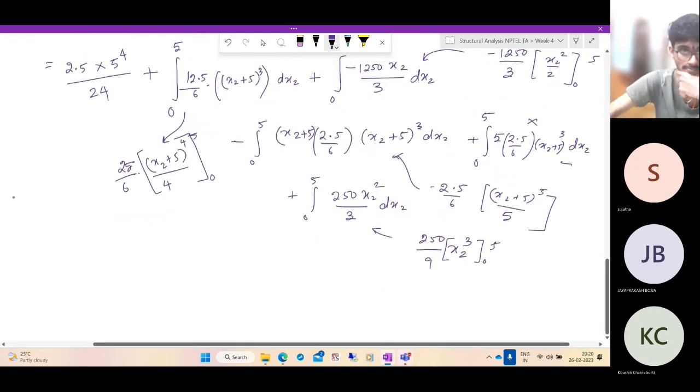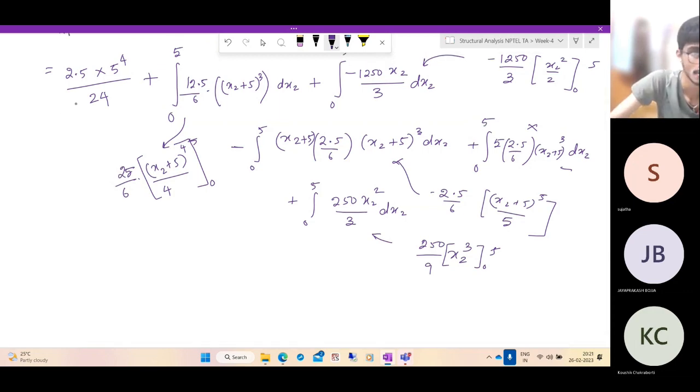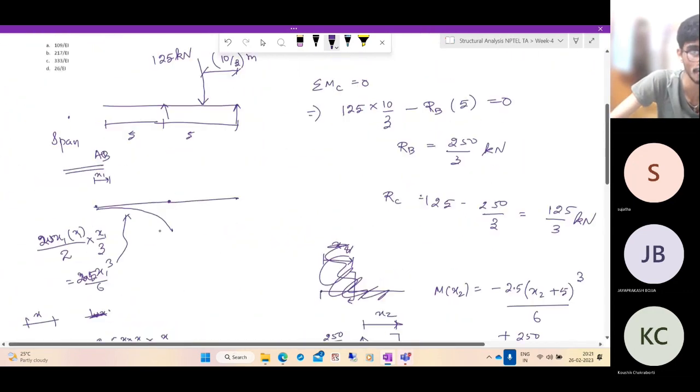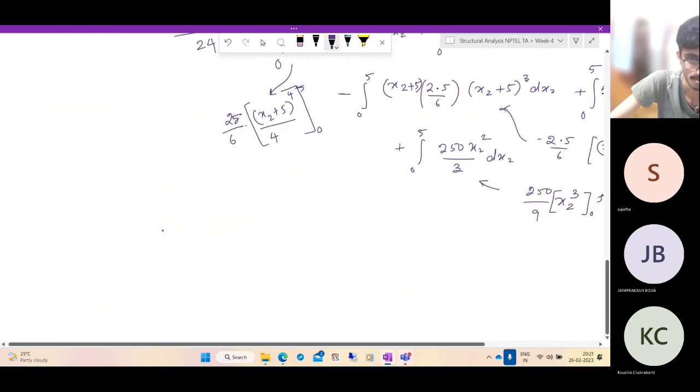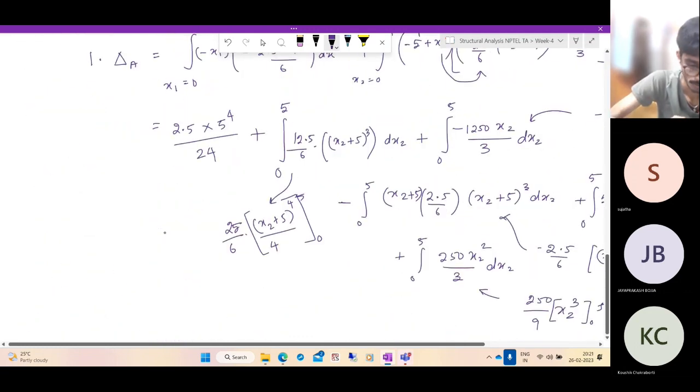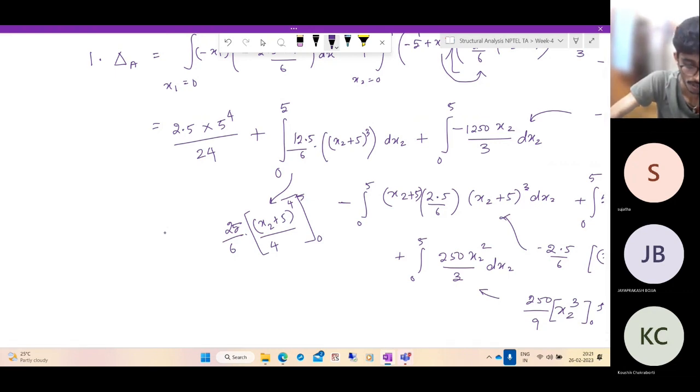We get, so the first term is 2.5 into, so let me see what is the form of the solution. 2.5 into 10 power 4 by 24. So the first term is 3125 by 48 EI.